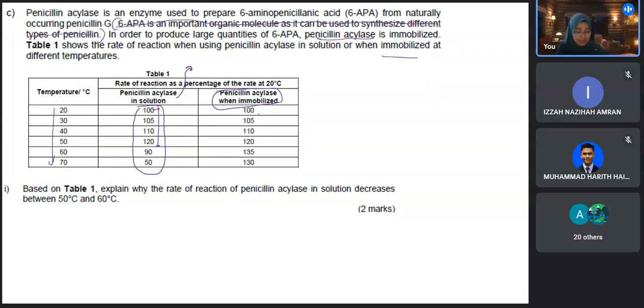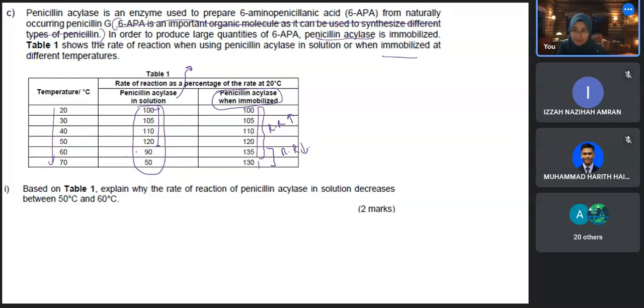For the immobilized reaction kan, so dia akan increase, tapi bila above 60, they start to decrease. So yang ini sampai ini increase, rate of reaction increase. But bila 60 sampai ke 70, rate of reaction start to decrease.